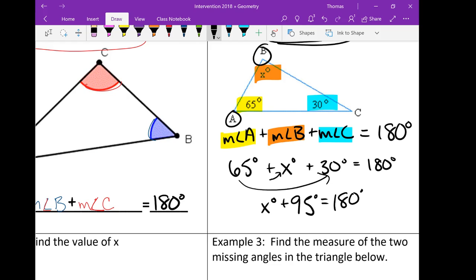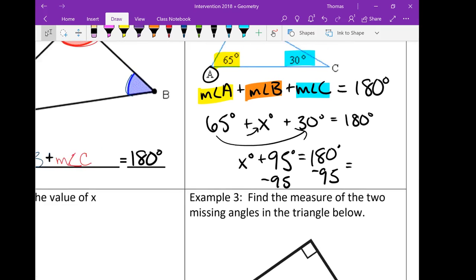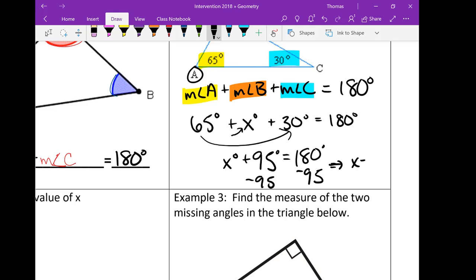Now to get my X by itself, I just have to subtract 95 from both sides, which gives me 180 minus 95. Minus 90 would take me to 90, so minus 5 more would take me to 85. So after I subtract, I just get that X equals 85 degrees.